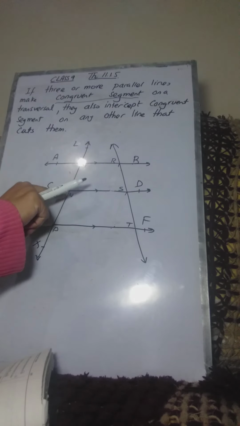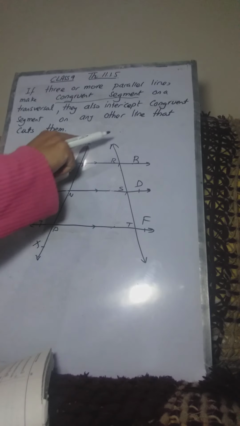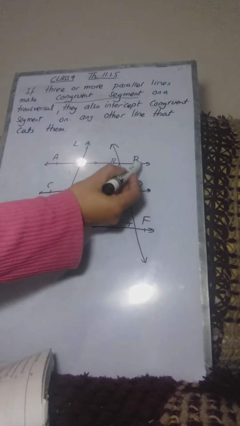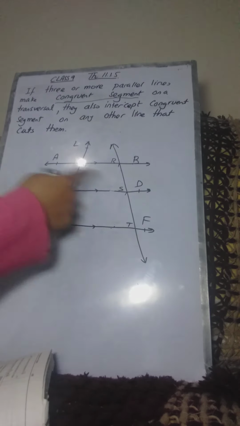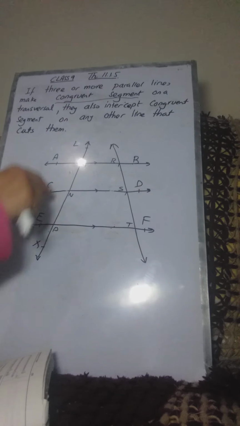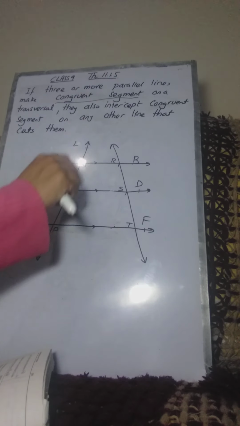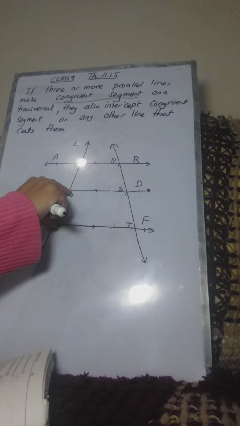Okay, and NP is another segment which is cut off from this transversal LX by these three lines A, B, C, D, and E, F. So you have three lines and a transversal, and these are the segments. MN is the first segment and NP is the second segment.